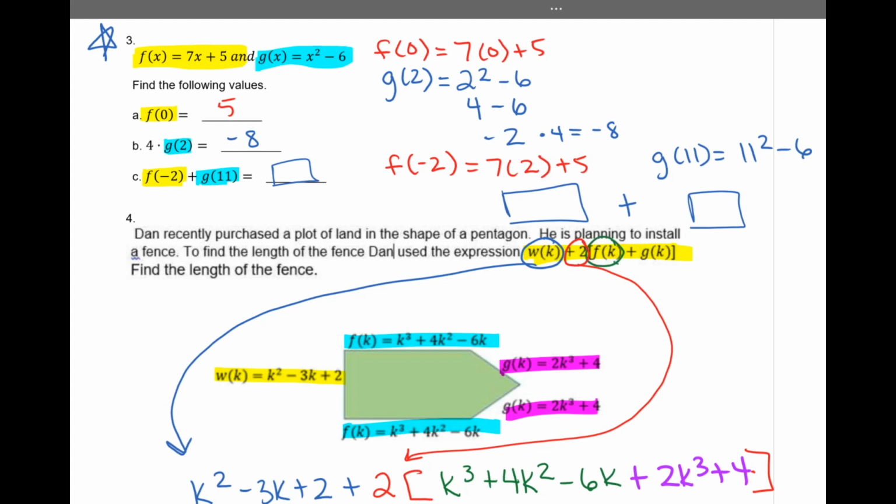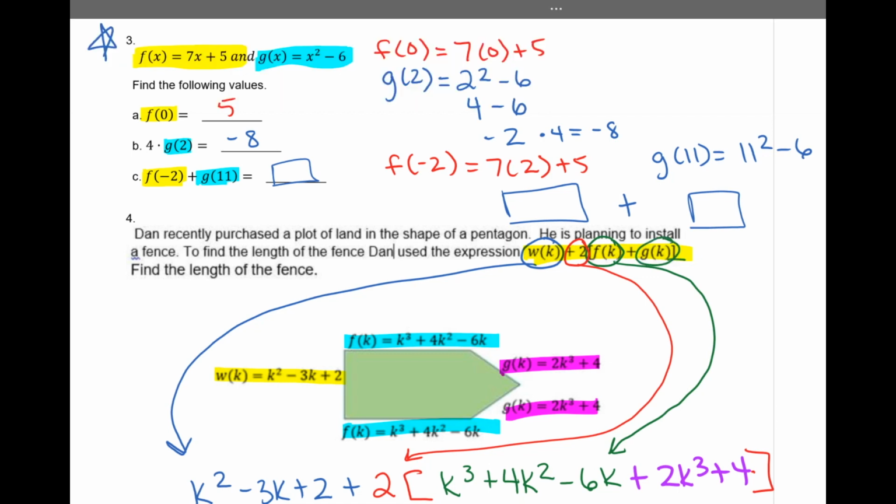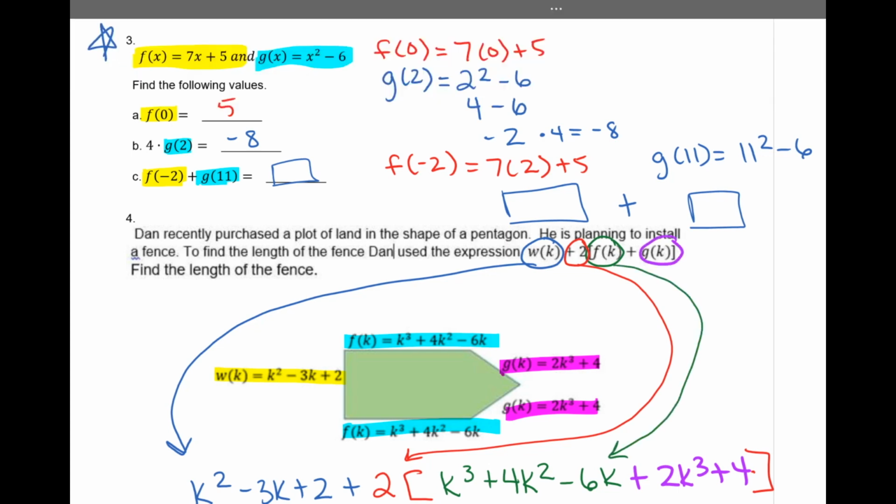I'm going to erase all these, by the way. And I took the purple section, sorry, not green, purple, and I matched it with the purple down here. So all that I did was I matched everything together, and now I'm going to add them together.